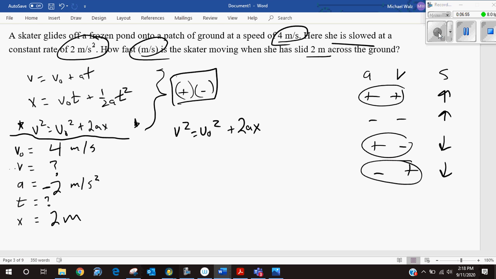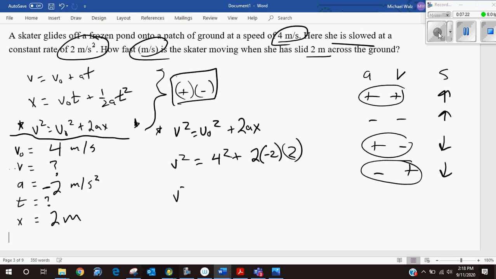And what I'm going to do, and I want to strongly encourage you to do, is solve for your variables before you use the formula. It looks like this is already on the right side by itself, so we're good there. So V squared equals 4 squared plus 2 times a negative 2 times 2.